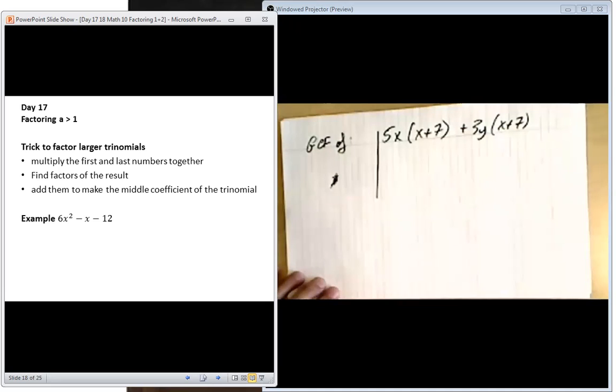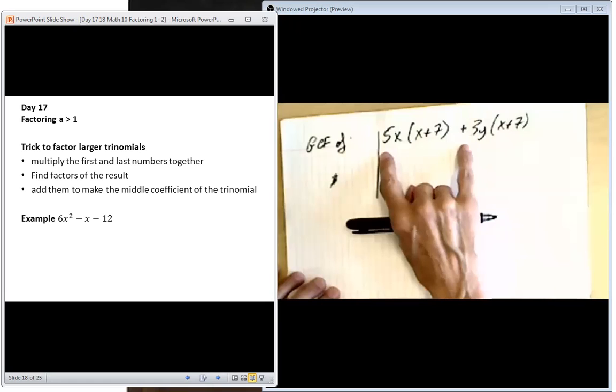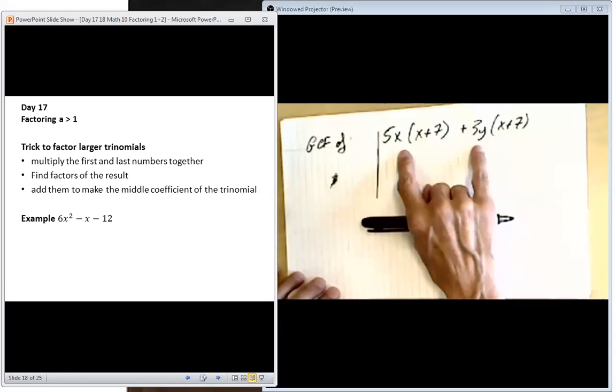What goes into both? What do you see in both? It's a way to do it. Number by number, yeah. 5, do the numbers have anything? No. X and Y?